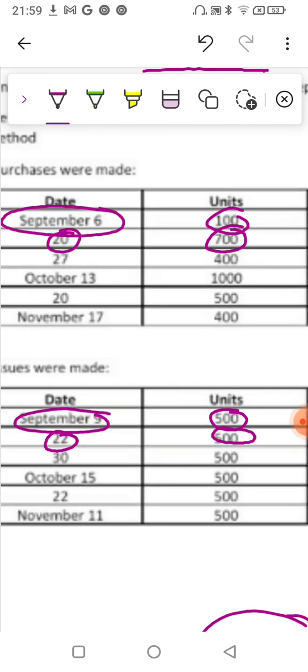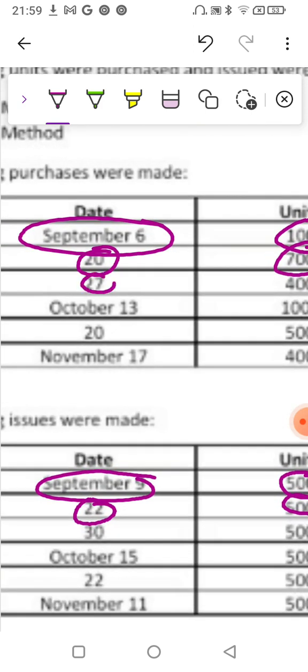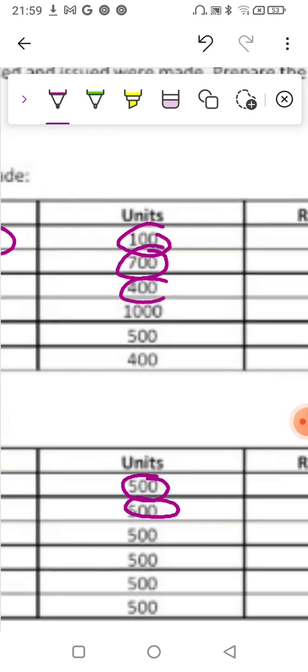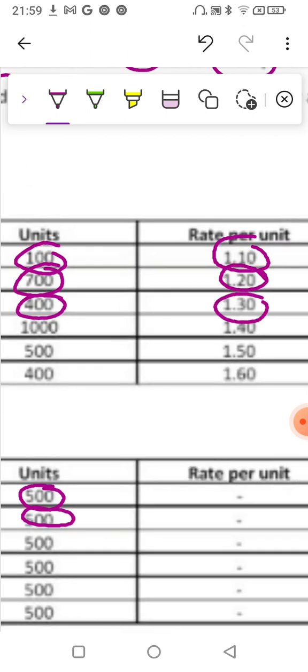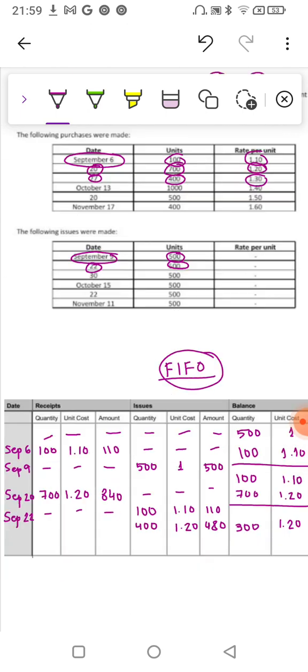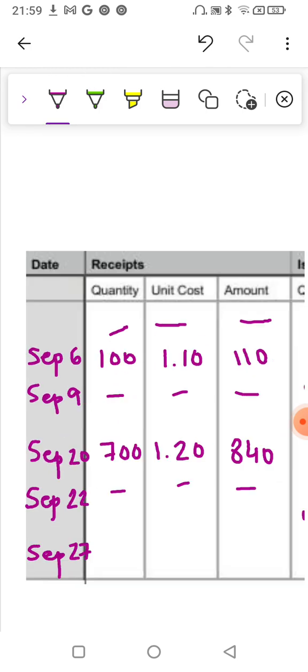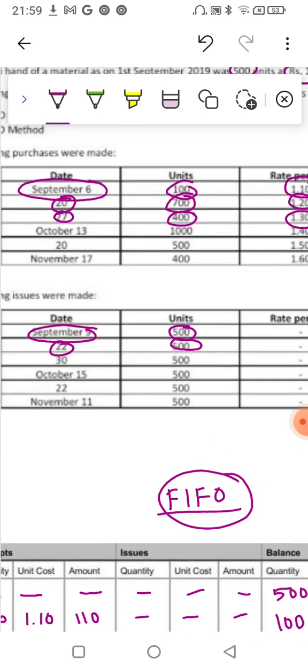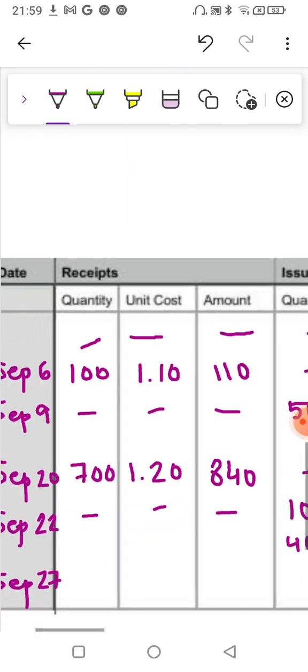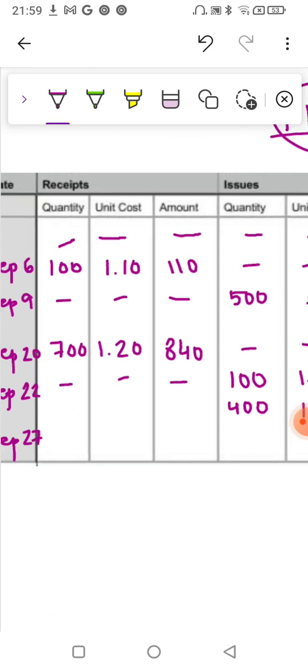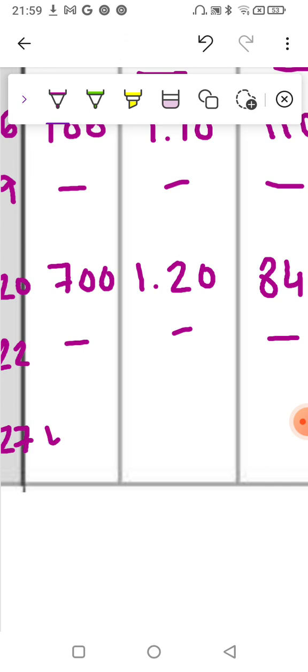Now we are going to move to September 27, where we have made more purchases of 400, and this time for 1.30. So on September 27 we have made purchases. The purchase amount was 400 at 1.30.